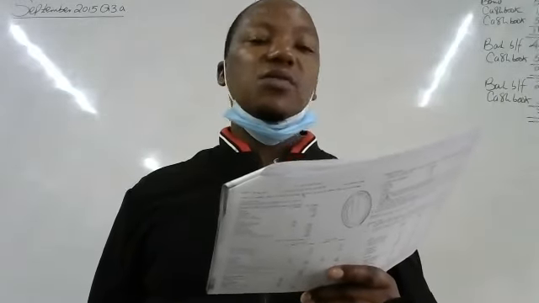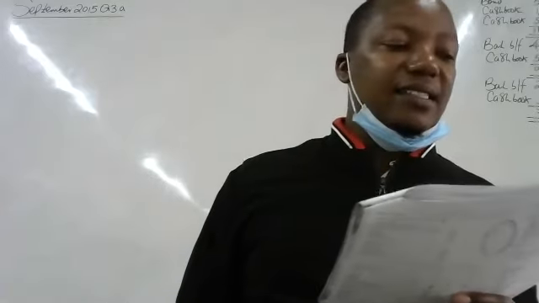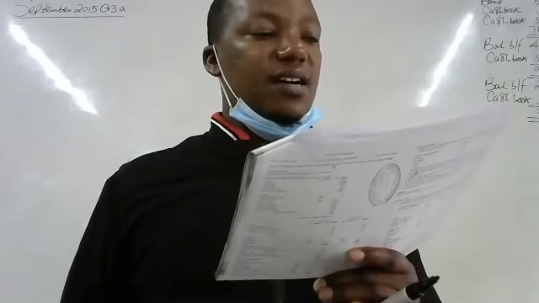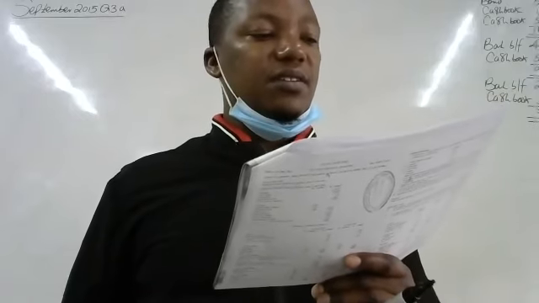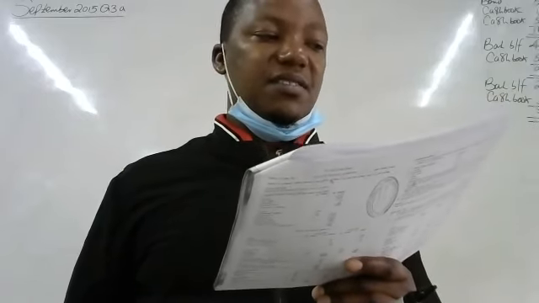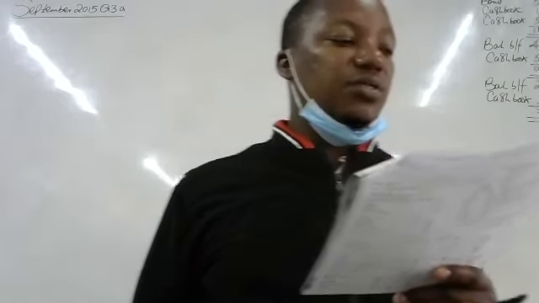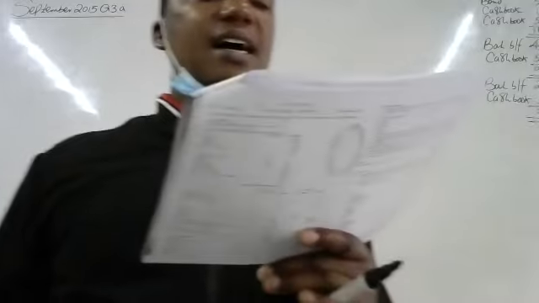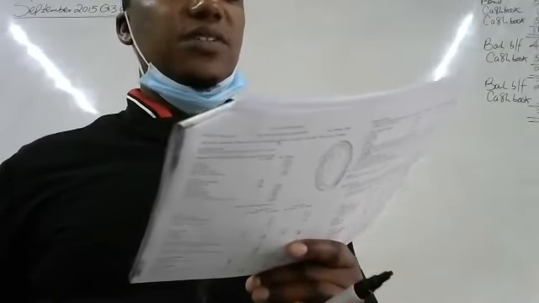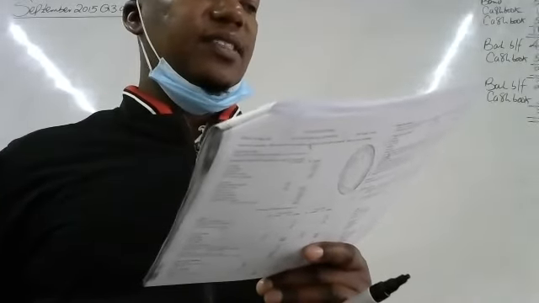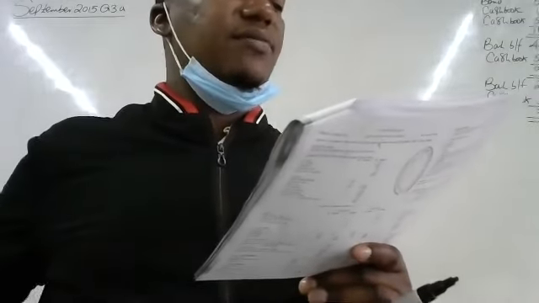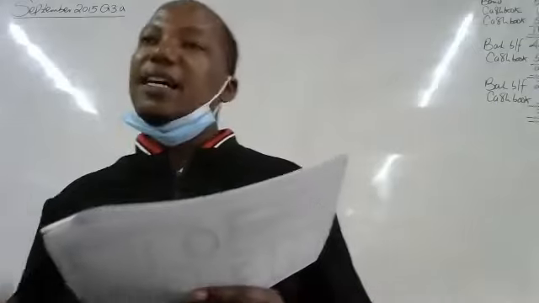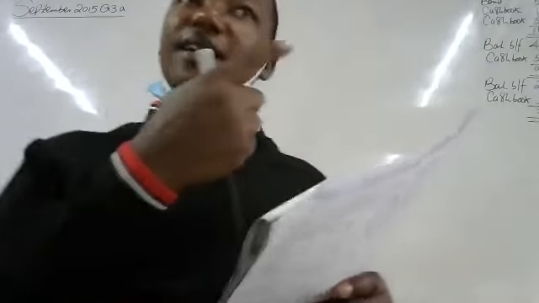So this is a 0 coupon rate. It purchased this bond for shilling 600,000, and it will be redeemed after 3 years. Required: valuation of the bond to be reflected in the statement of financial position as at 31st December 2015. Then number 2, finance income for the year ending 31st December, just 1 year.